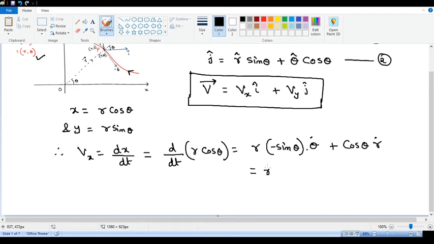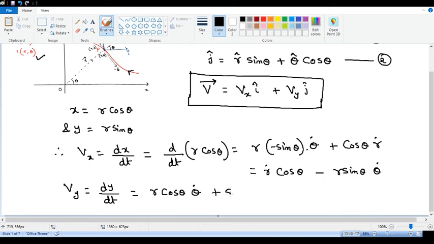So it is given by vx equal to r dot cos theta minus r sin theta theta dot. Again we have vy equal to dy/dt, which is nothing but r cos theta theta dot plus sin theta into r dot, equal to r dot sin theta plus r cos theta theta dot.